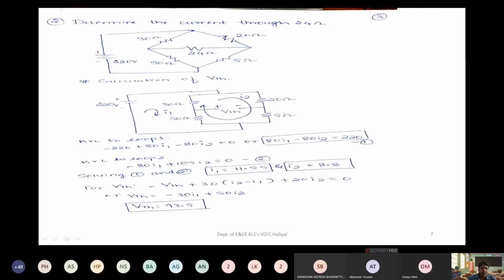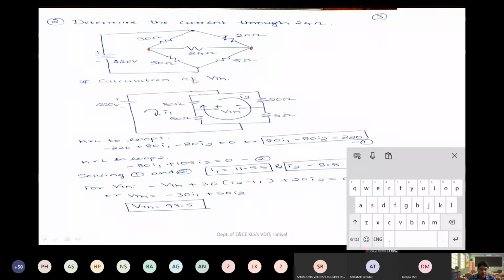Now let me take you to the second problem, that is, determine the current through the 24 ohm resistor. In the given circuit we have the 24 ohm resistor, and the entire network is connected here.